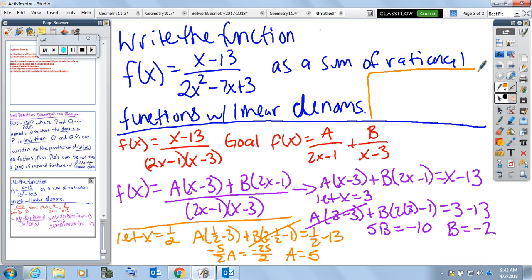We can make the statement that f of x can also be written with a being 5 over 2x minus 1 plus, I guess we'll make it negative because it was a negative 2. I want to put a negative and a positive both in there. We'll make it minus 2 over our other denominator, x minus 3.